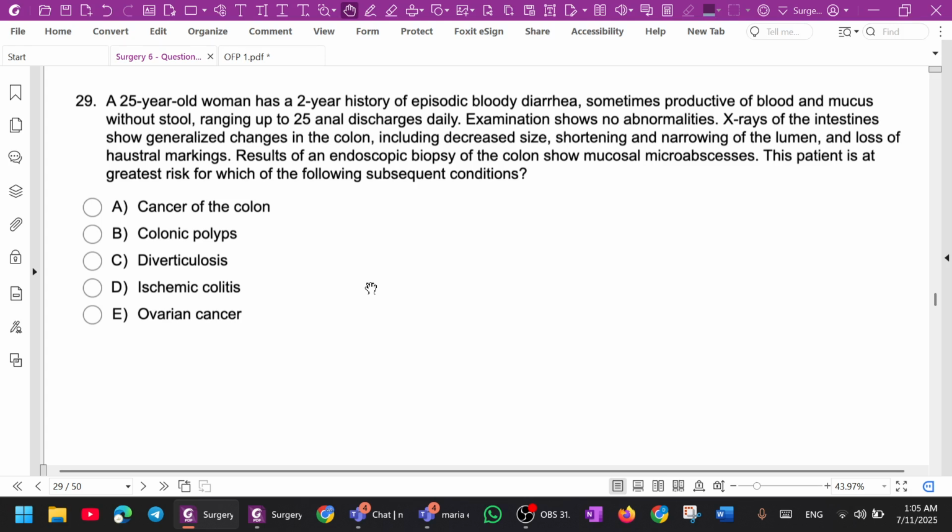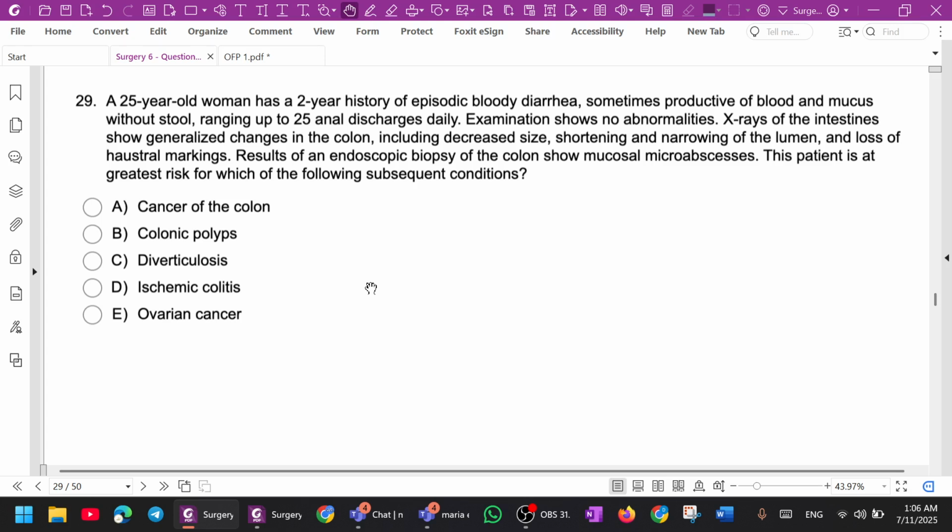A 25-year-old woman has a 2-year history of episodic bloody diarrhea, sometimes productive of blood and mucus without stool, ranging up to 25 anal discharges daily. Examination shows no abnormality.